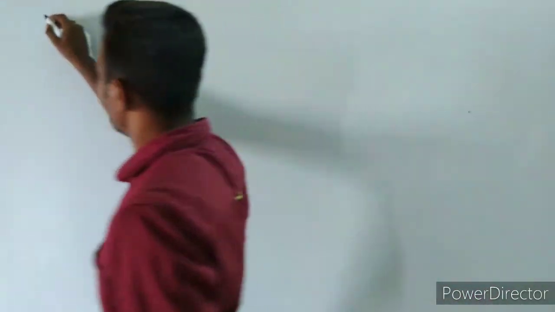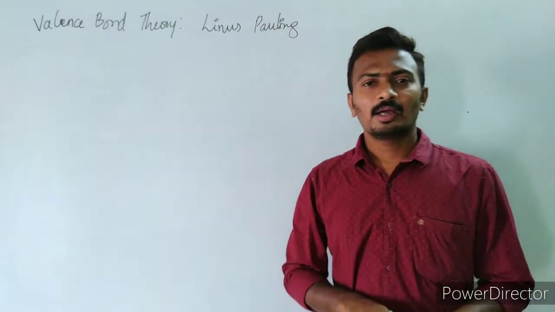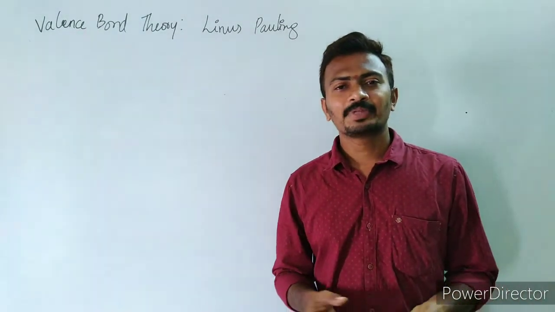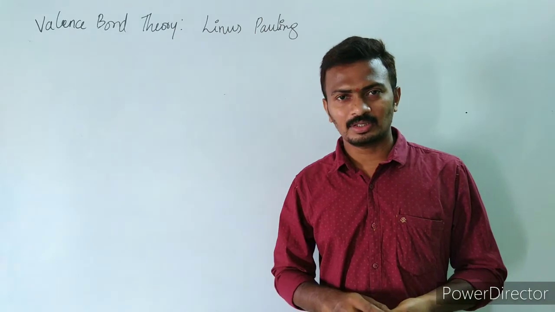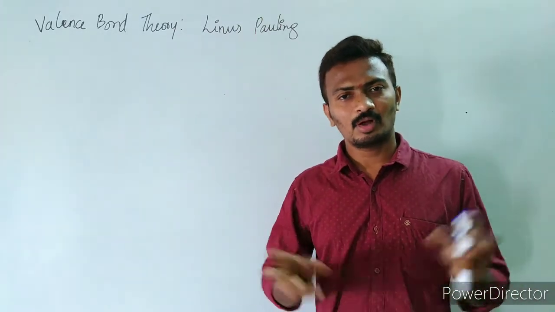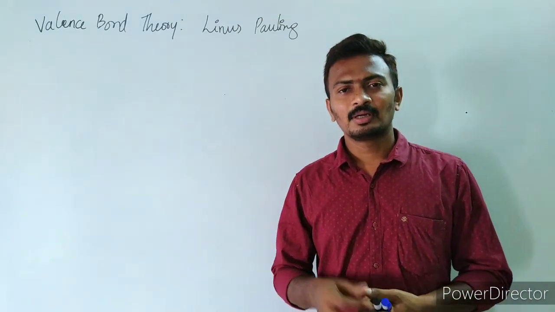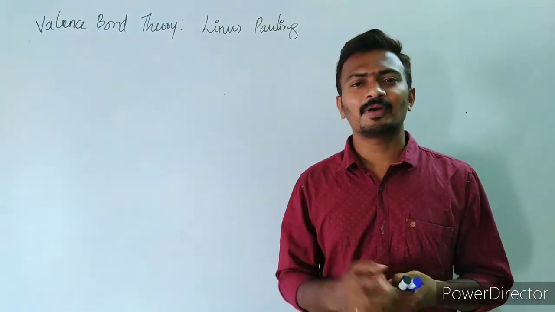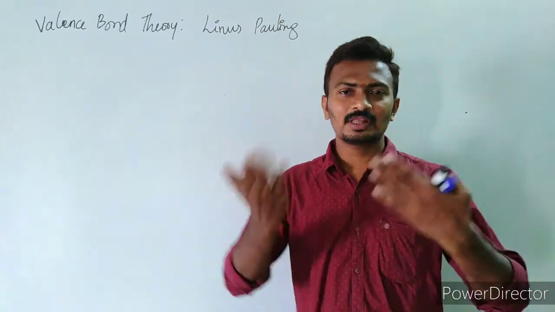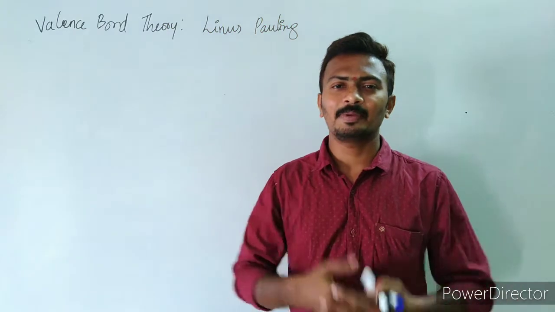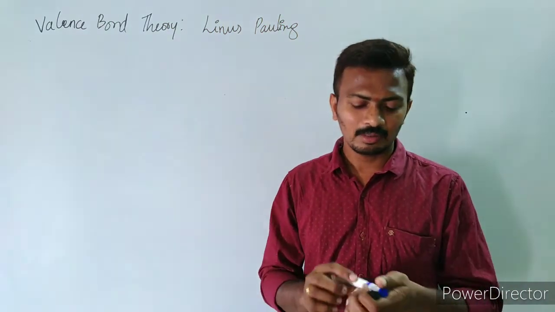According to this theory, a covalent bond is formed by the overlapping of valence atomic orbitals of two different atoms or of the same element, where they each have one unpaired electron with opposite spins. Those atomic orbitals will overlap, and that overlapping will lead to the formation of a covalent bond.